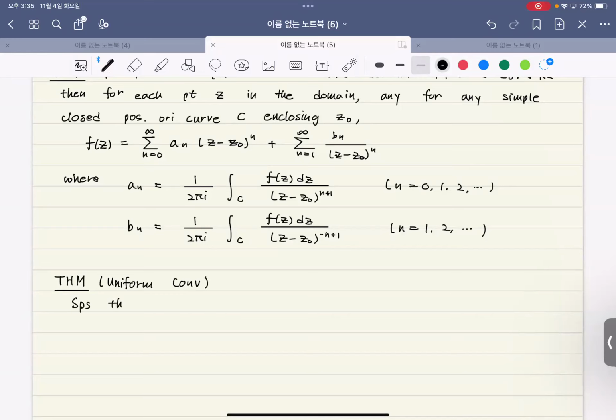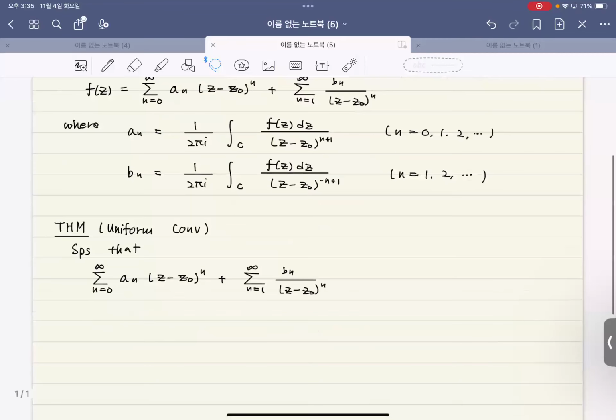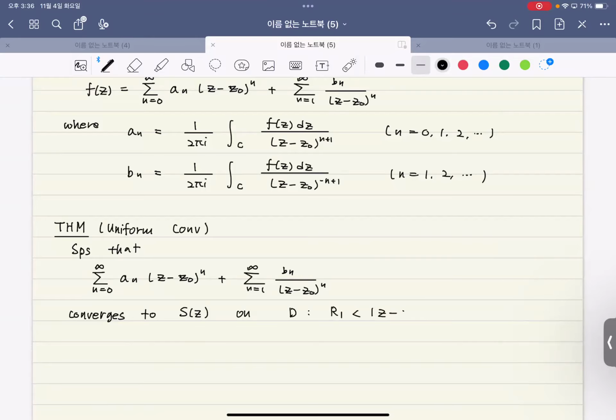Suppose that I have a series that allows both positive and negative powers of z minus z0, and say that this converges to some function, maybe I will name it s of z, on an annulus domain.